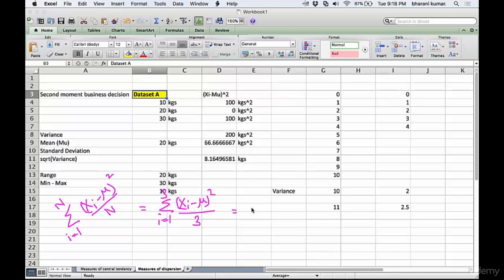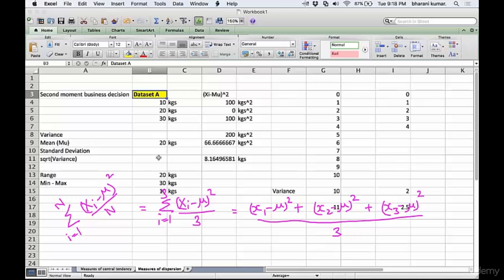If you were to expand this, if I substitute i equal to 1, it will be (x1 minus mu) whole square plus i equal to 2, (x2 minus mu) whole square plus i equal to 3, so it will be (x3 minus mu) whole square. You divide it by 3. Alright, so this is the formula.